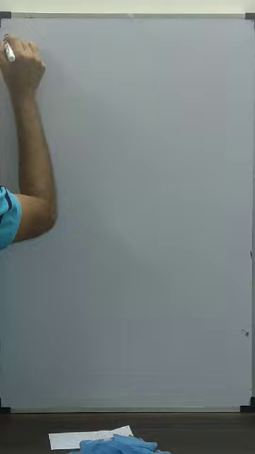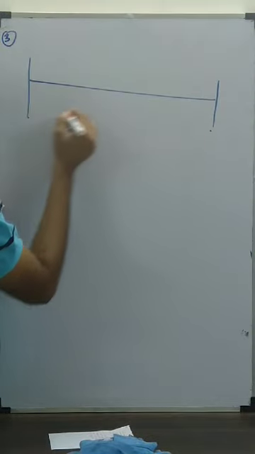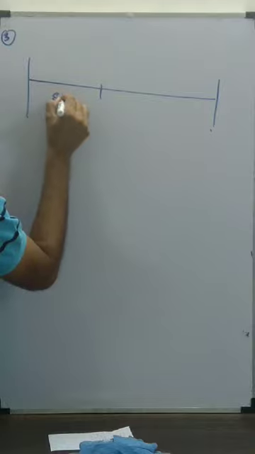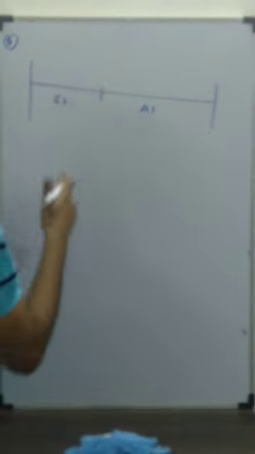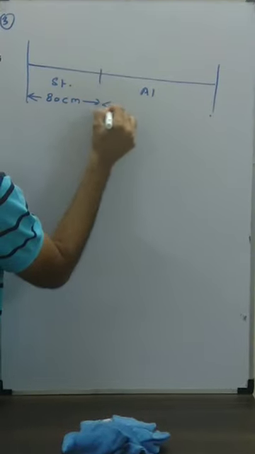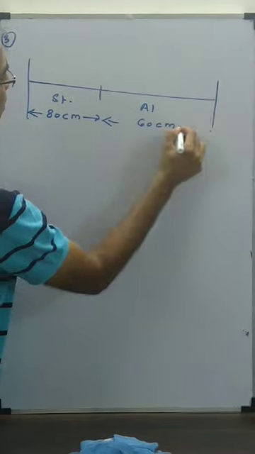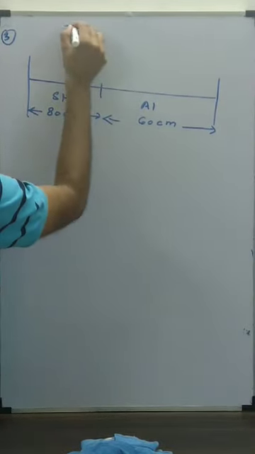Let us see the third question then. What is the third question? The third question is when there is a combination of wires. So this is steel and this is aluminum. Steel wire's length is 80 centimeter, whereas aluminum's length is 60 centimeter. Tension is given 40 Newton.